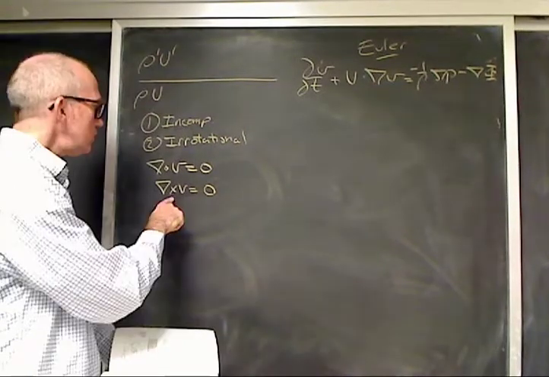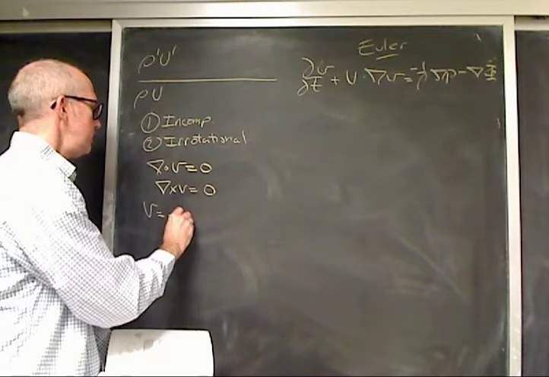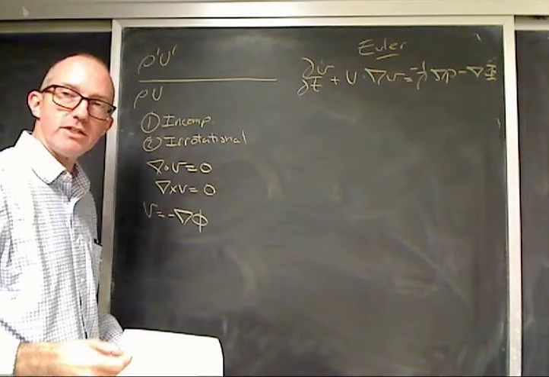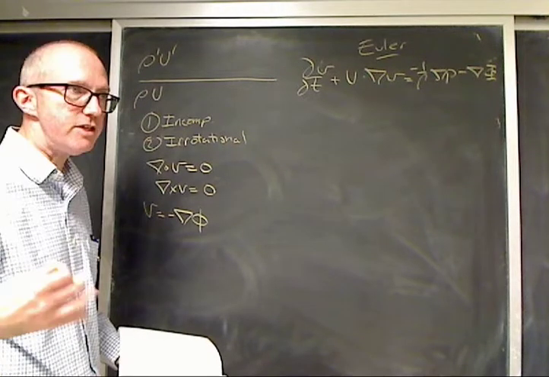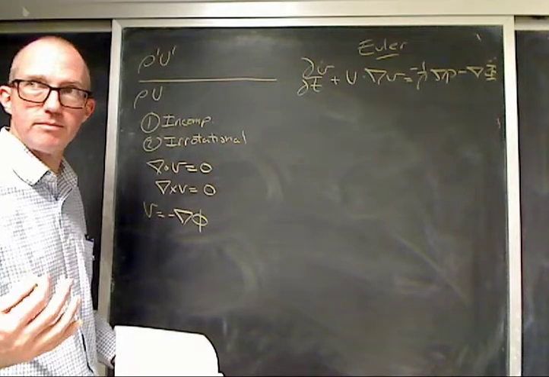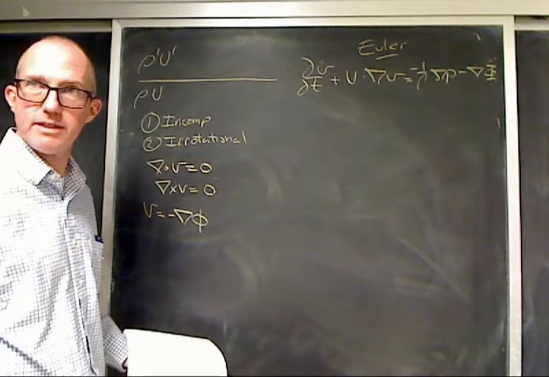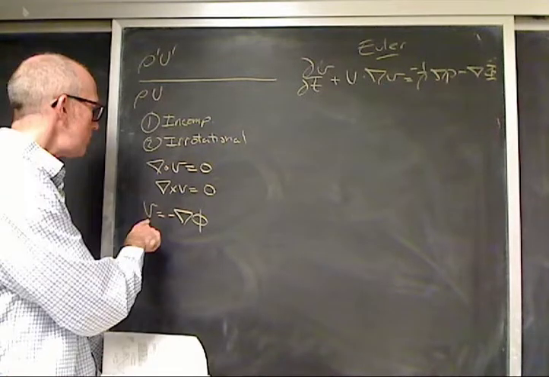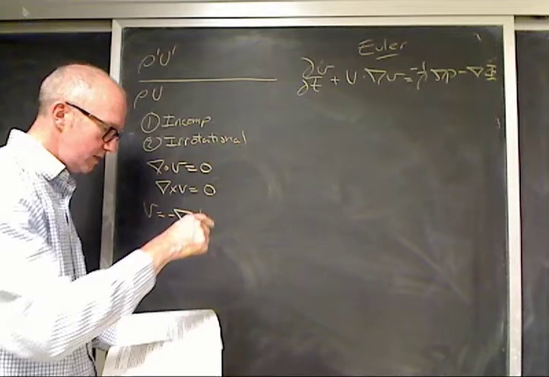And when curl of V is 0, then I can write V as minus grad phi for some phi. And this shifts my problem from being a vector problem to being a scalar problem. And that's nice. I can get all the vector business that I need out of just taking derivatives of this scalar.